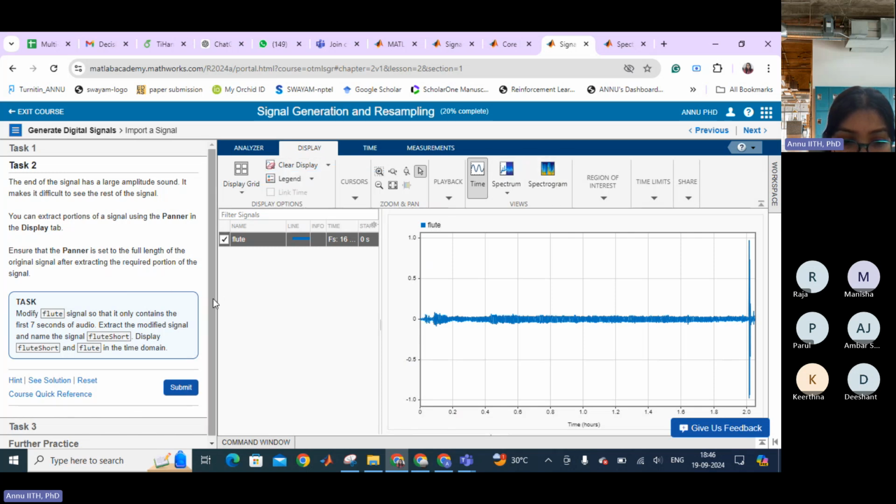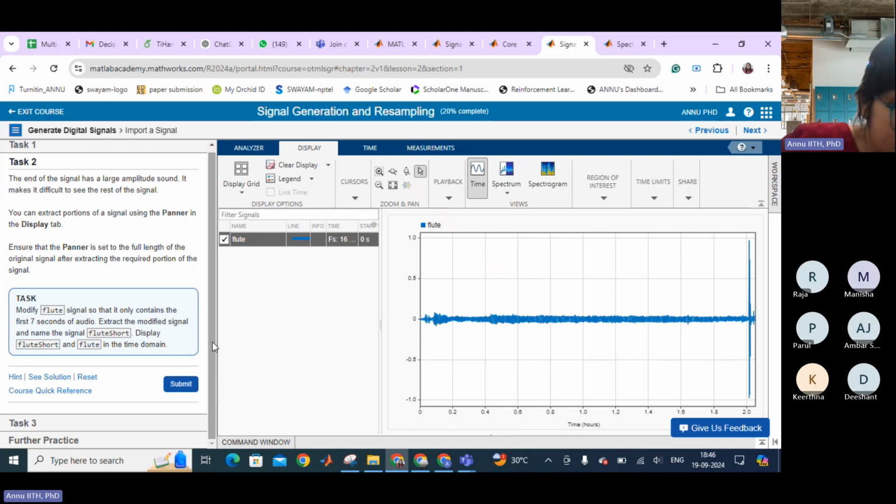I think this panel is to set the full length of the original signal. If any one of you can see this panel option, you can just let me know in the comment section because I can't see that.